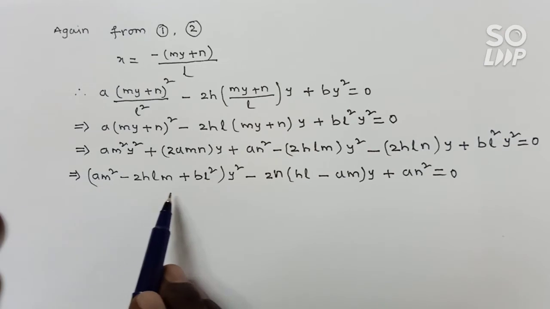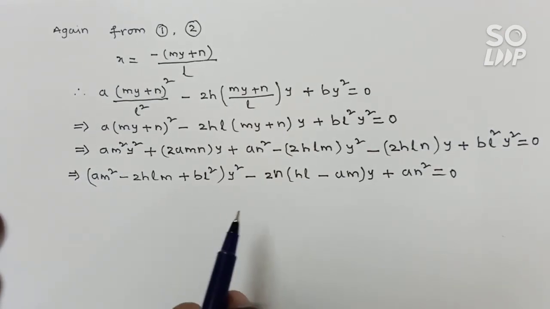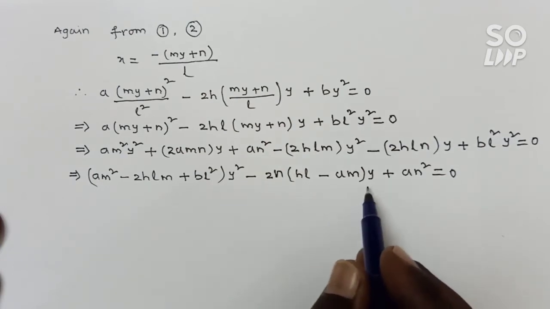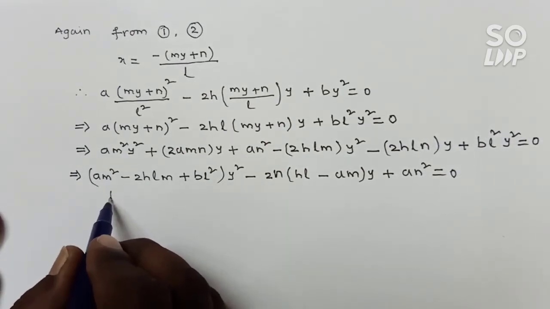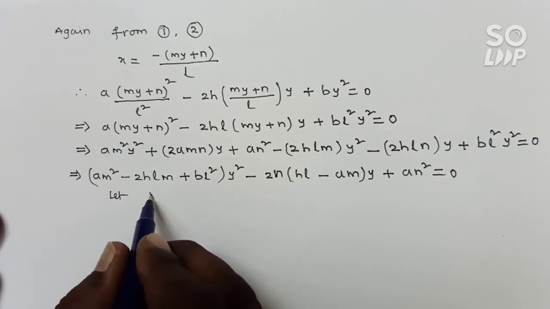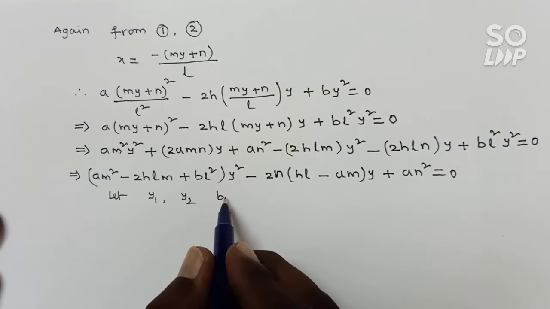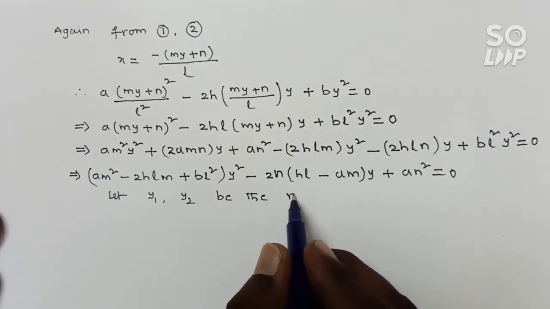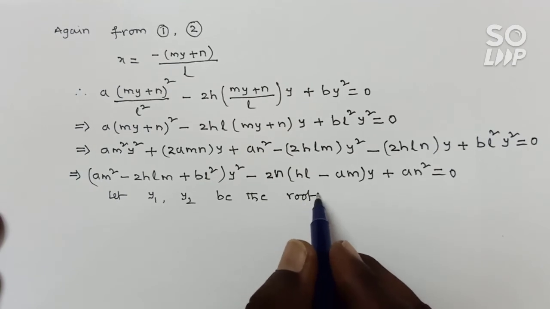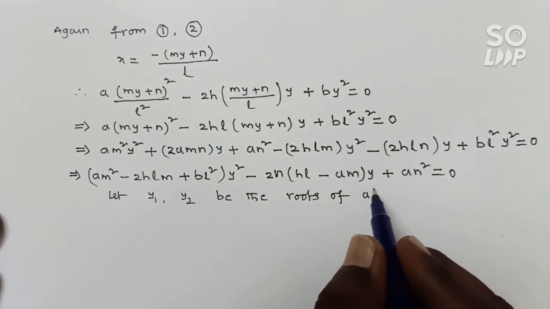Clearly this is in the form of a quadratic in variable y. So let the roots of this equation be y1 comma y2.